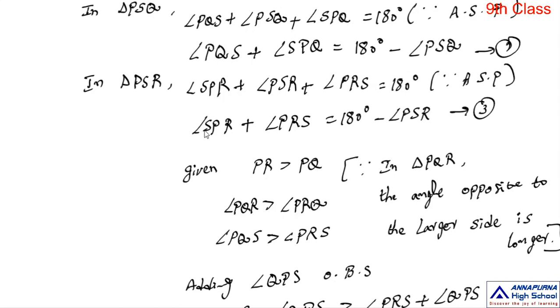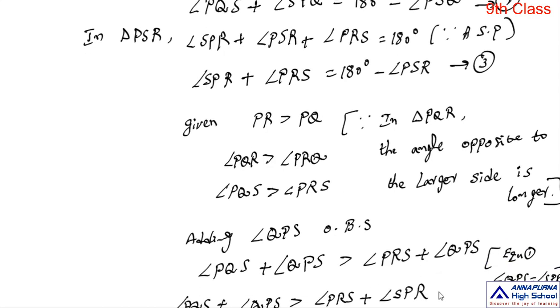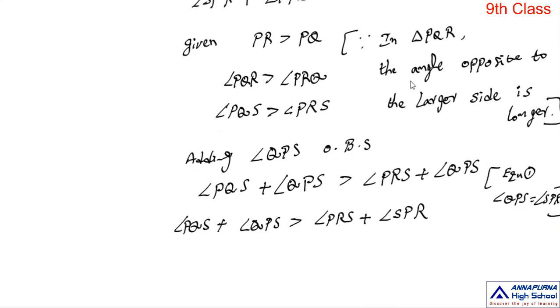And condition 3: angle SPR plus angle PRS is equal to 180 degrees minus angle PSR.